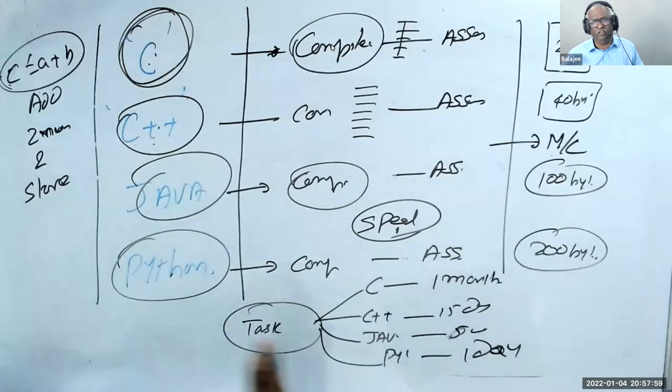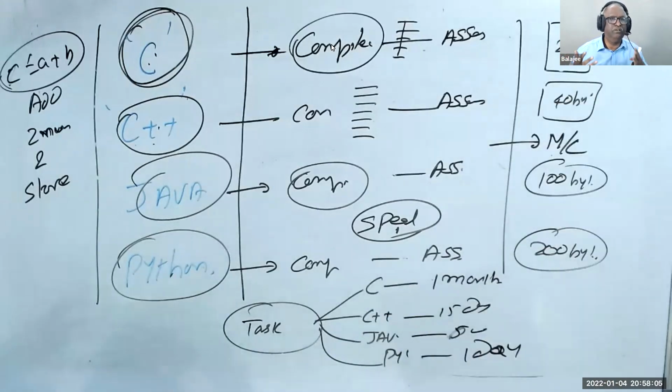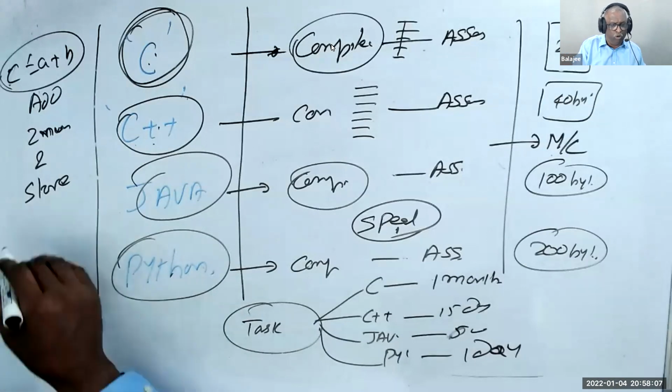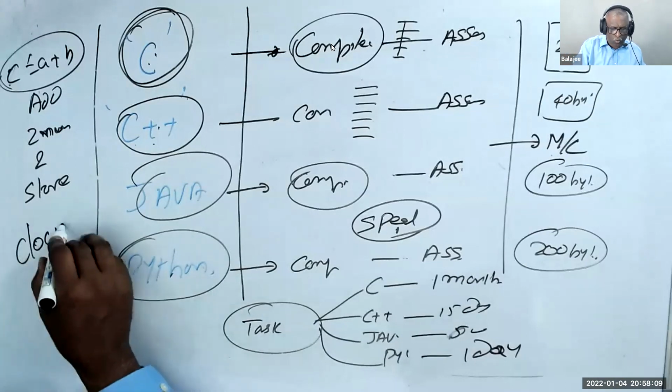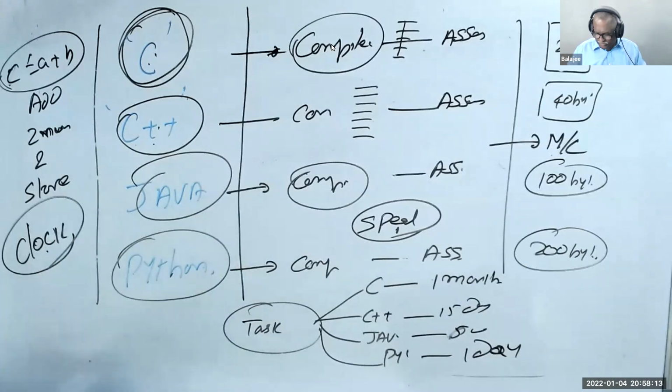We will discuss in the next session how the code takes more time. I have to explain something called the clock. Once I explain the clock, you'll be able to understand the whole thing. I think I've given you a small idea today.